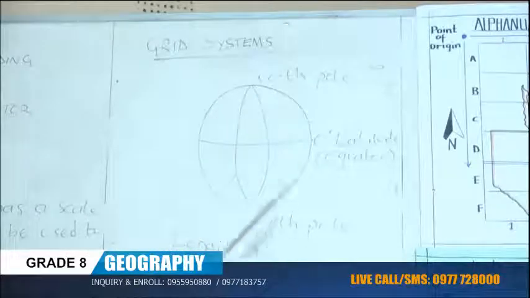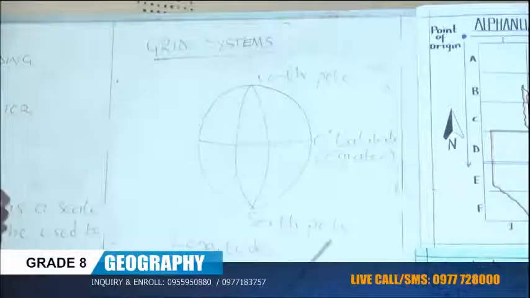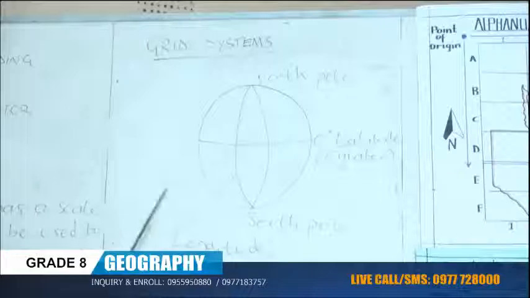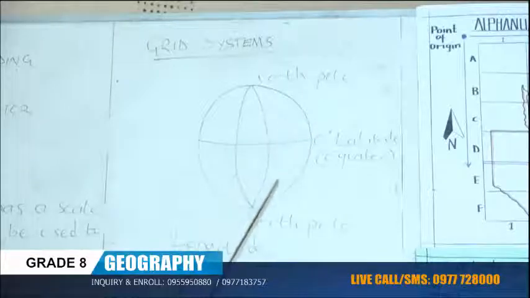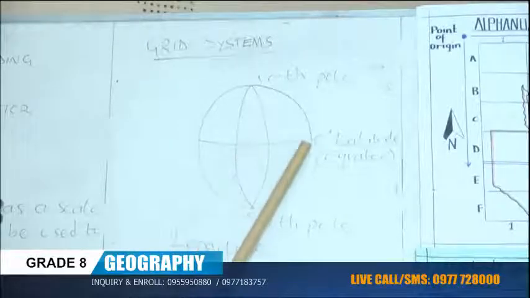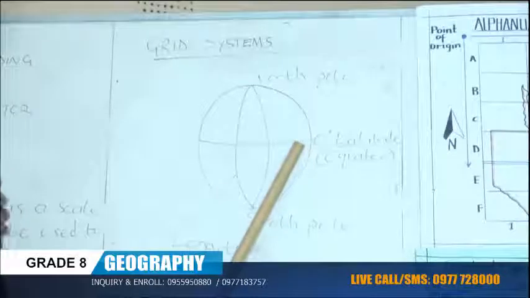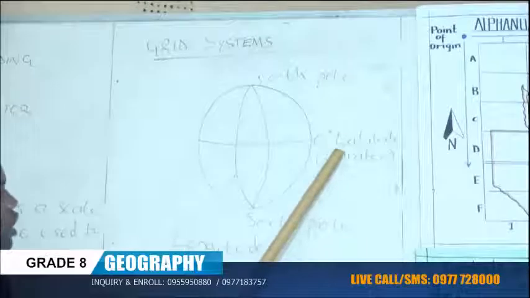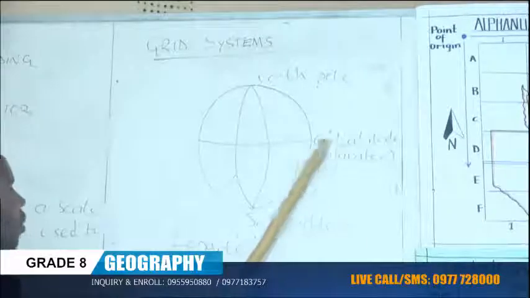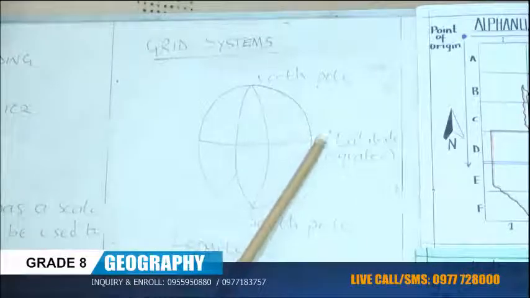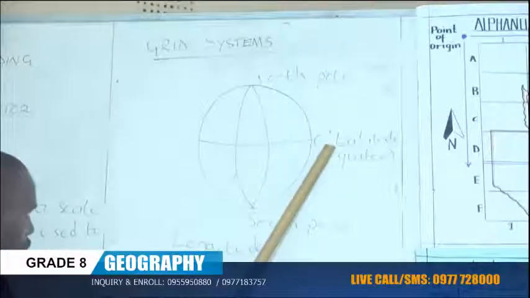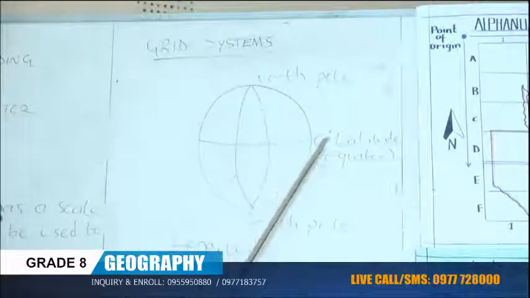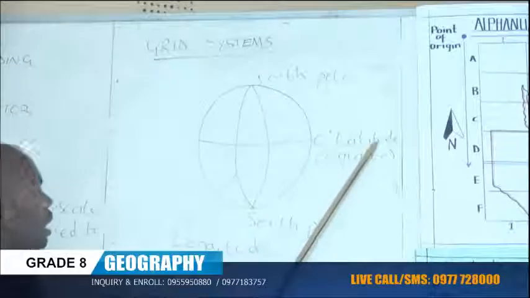Now, what is the interest behind my explanation? If you see the so-called geographic coordinate grid, if we use a globe of this nature, you would find that the latitudes always start from 0 degrees, which is also called the equator. All the latitudes begin at 0 degrees, which is shown here. Now, what is the other name for this 0 degrees latitude?